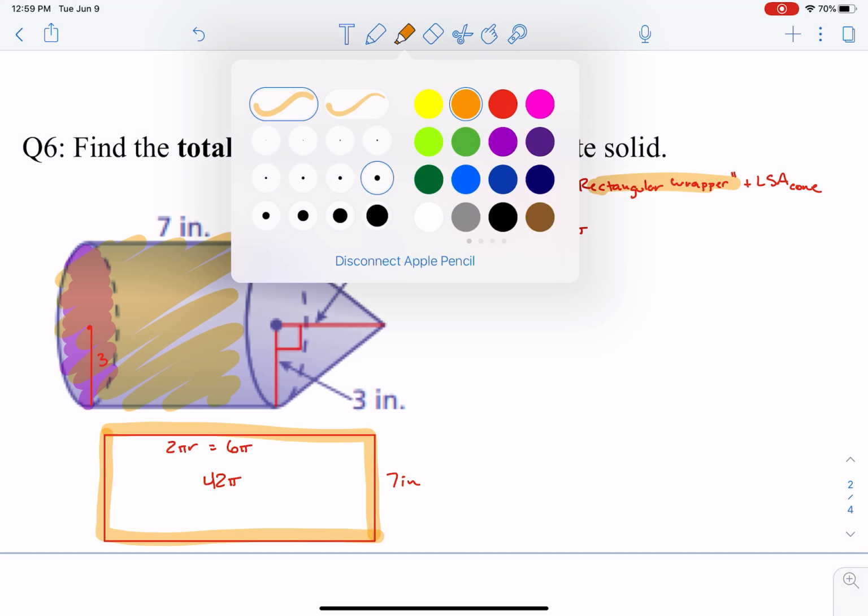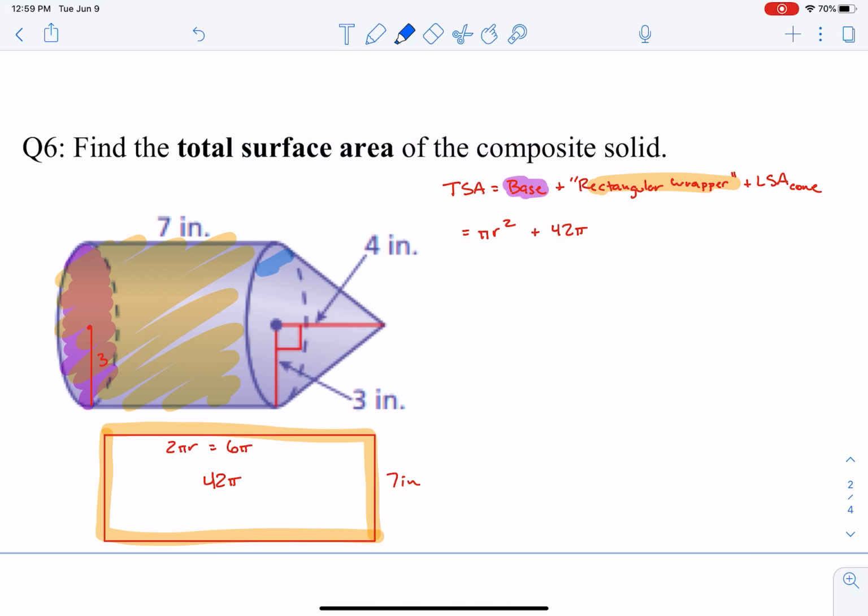Lastly, we have the lateral surface area of the cone. Lateral surface area is pi times radius times the slant height of the cone, which is typically denoted with a cursive L. Well, here's the slant height.